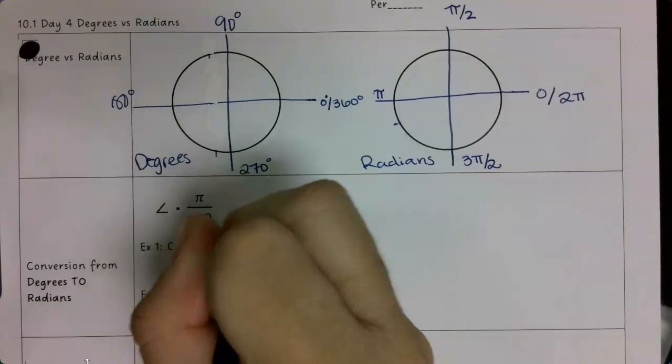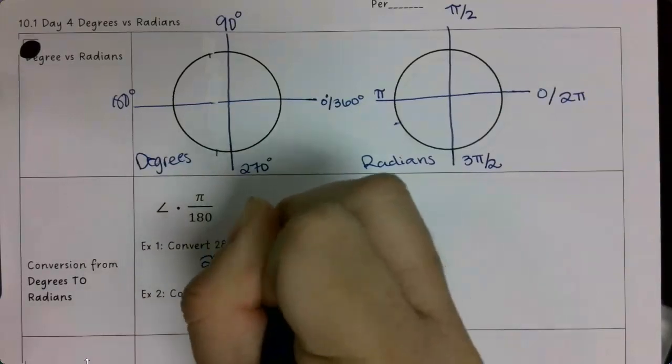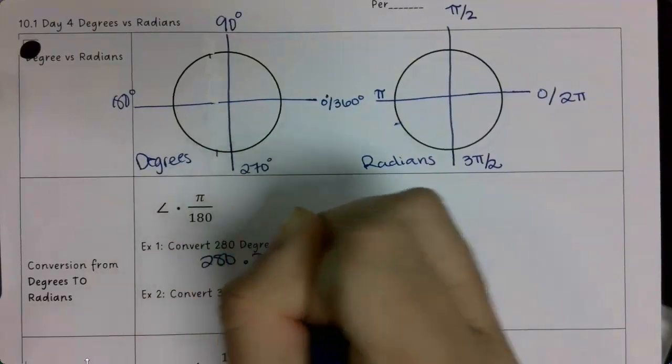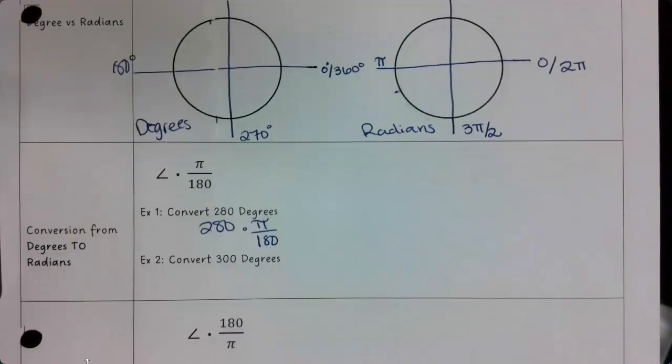So I'm going to take 280 times pi over 180. It's helpful if you have a calculator today, so I recommend going and grabbing one.